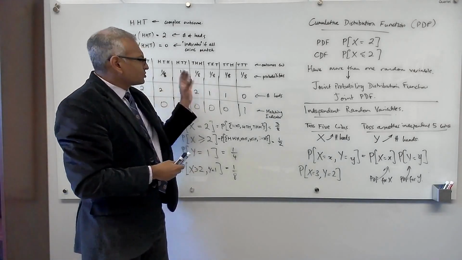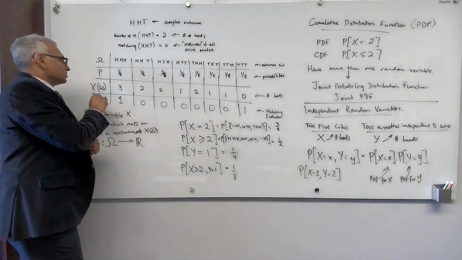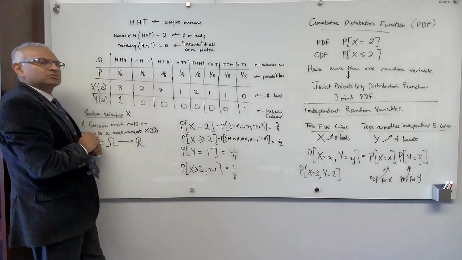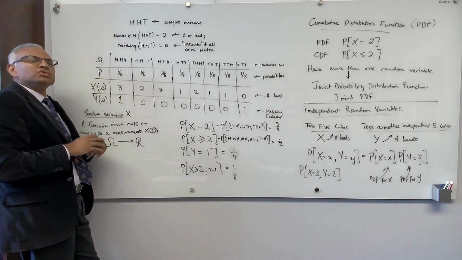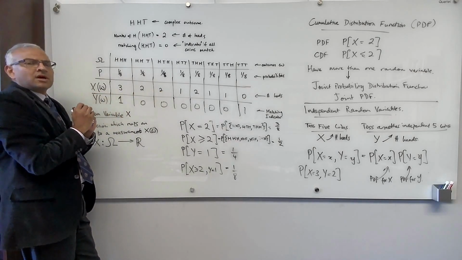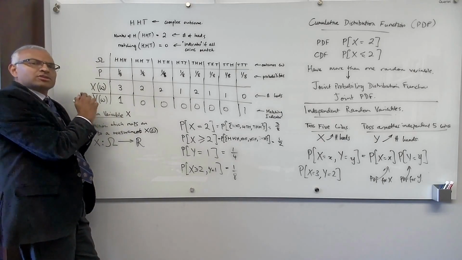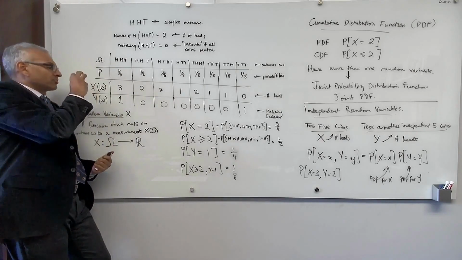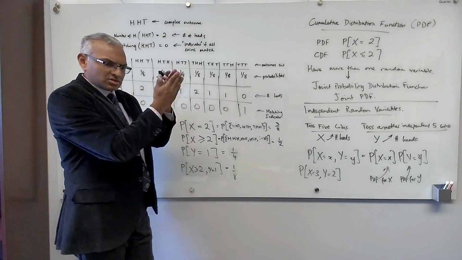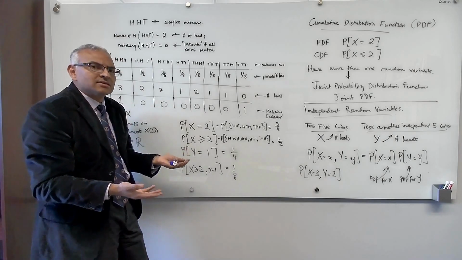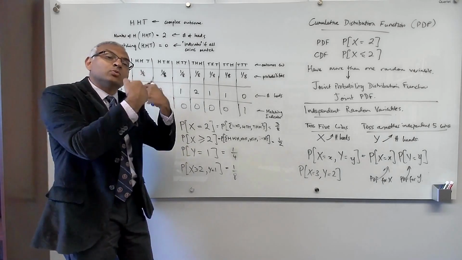Once you view it that way, the set of possible values for the random variable becomes your new effective sample space, and the associated probabilities become what's called the probability distribution function for the random variable. The random variable and its associated probability distribution function summarize the experiment with respect to what we are interested in.